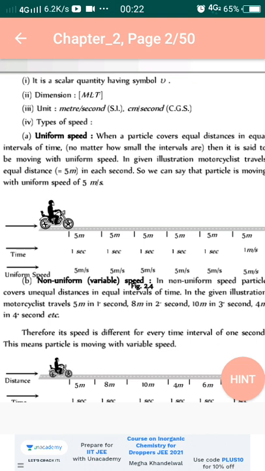Then non-uniform, or variable, speed. In non-uniform speed, a particle covers unequal distances in equal intervals of time.